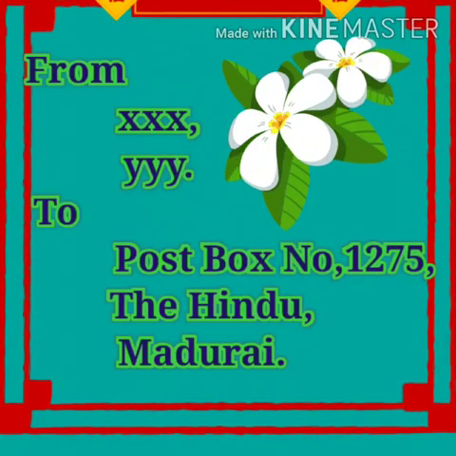Now let's see what should be written in the from address. After the word from and to, there should be no punctuation mark. We should not use any punctuation mark after the words from and to while writing a formal letter.